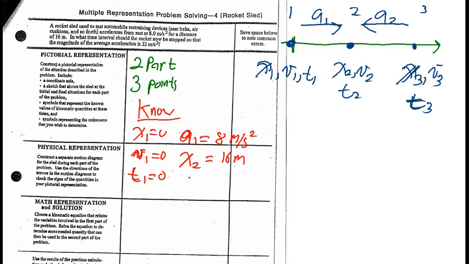So that 32 is the value of a2, the acceleration during the second part of the motion, and you notice that I wrote that down as a negative acceleration because the object slows down. The vector is opposite to the direction of motion. And the rocket sled stops, so the value of v3 would then be equal to 0.